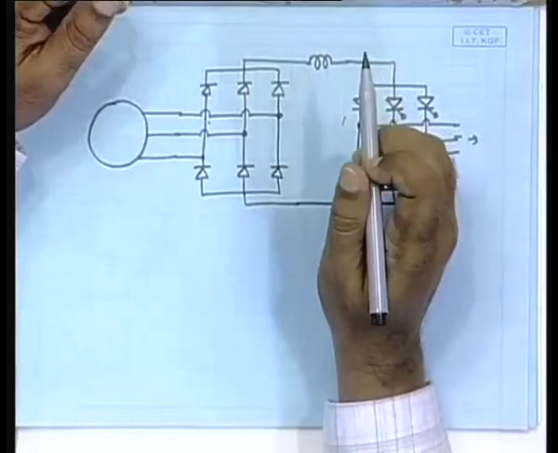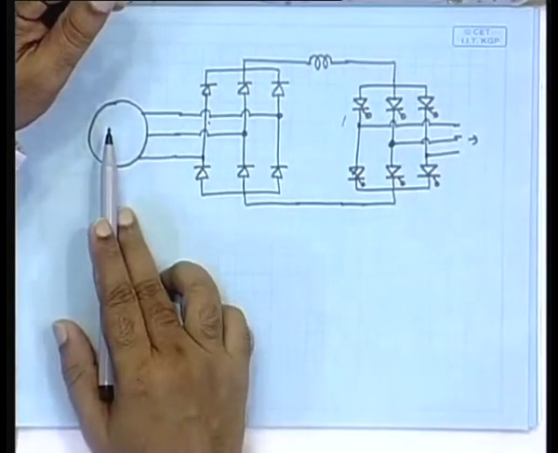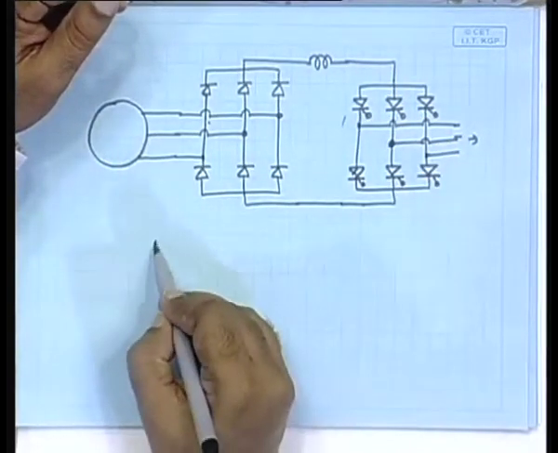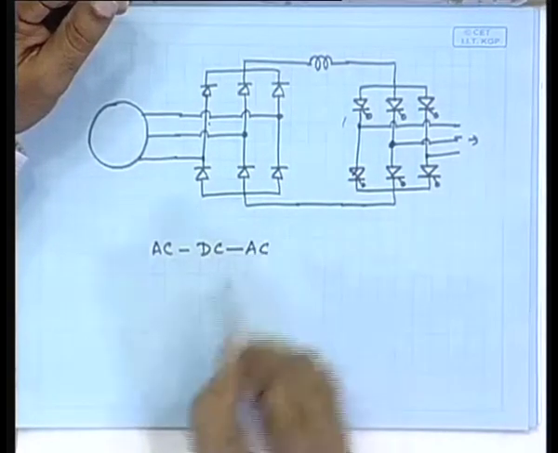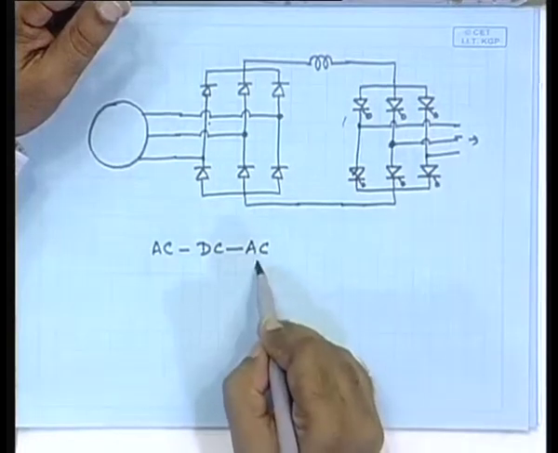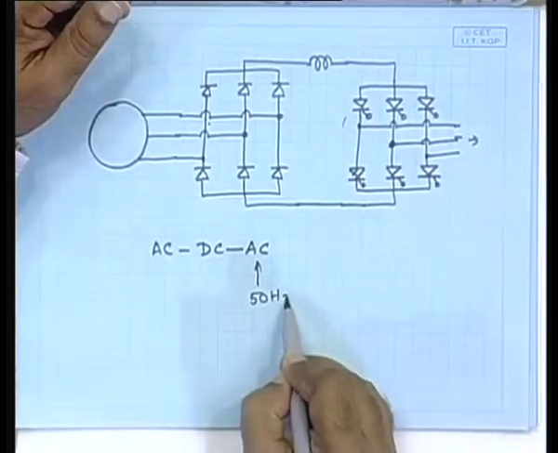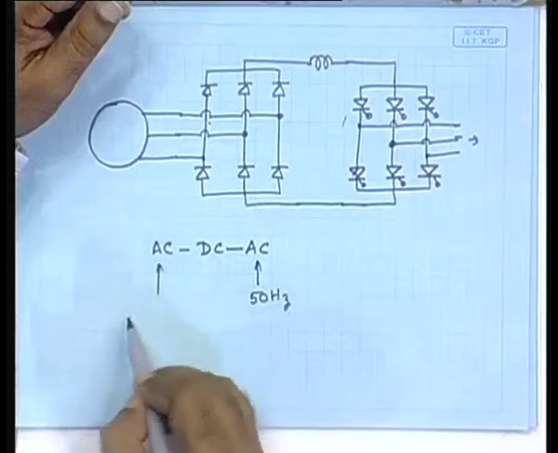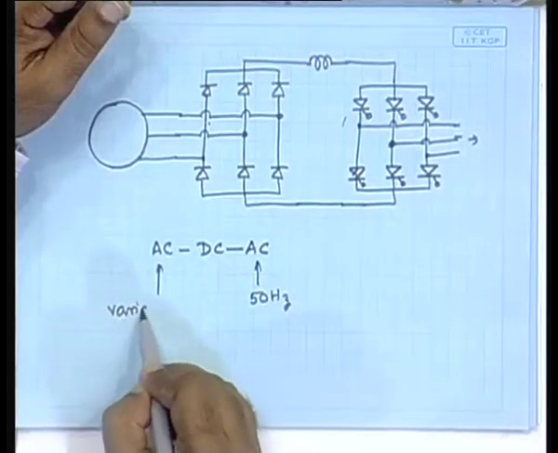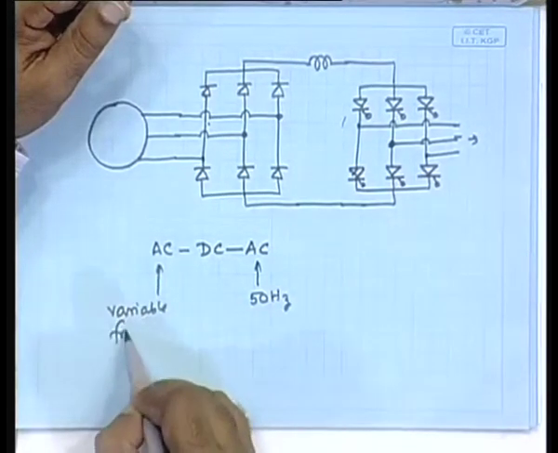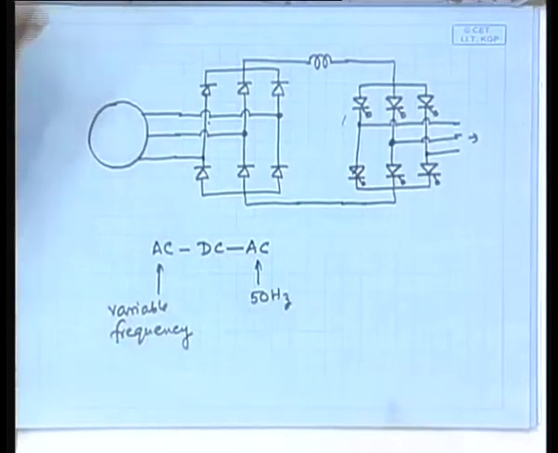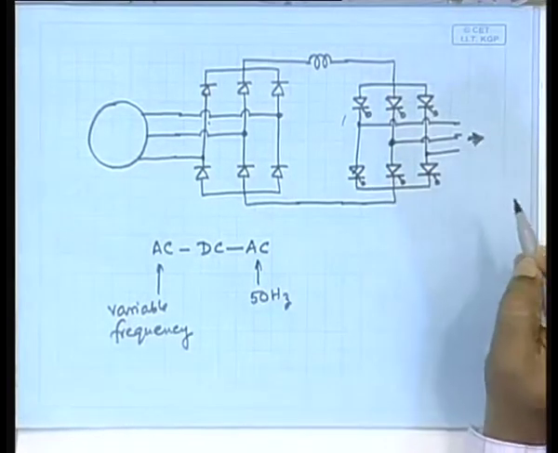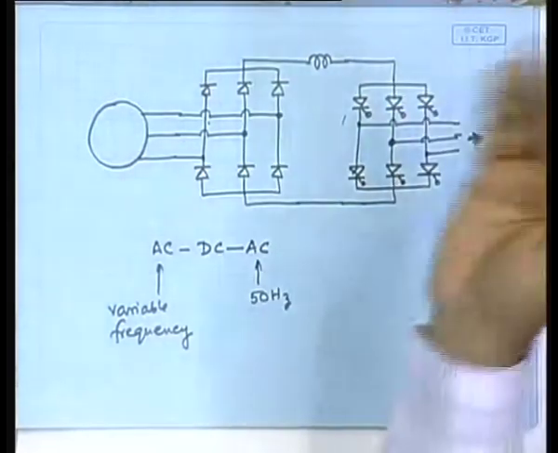The basic idea is that you can convert it in the form of AC to DC to AC system, and this AC is at 50 hertz and this is at variable frequency. So, this is what goes into the load or to the power line.